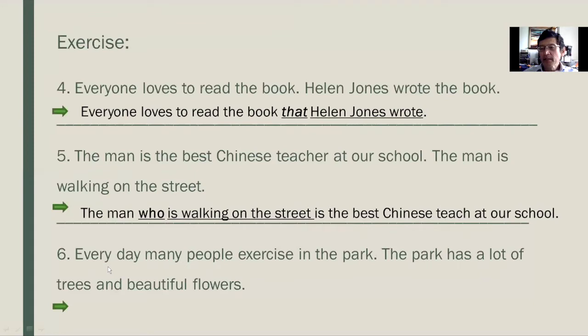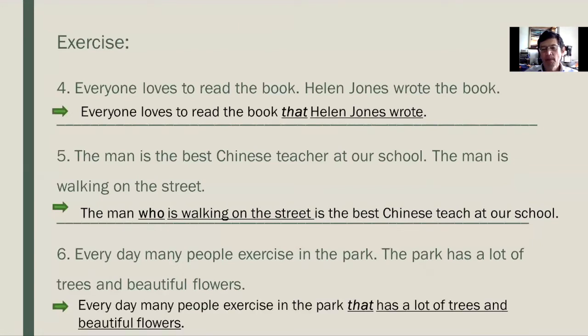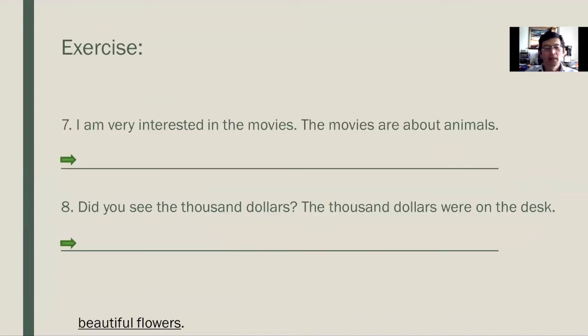Every day, many people exercise in the park. The park has a lot of trees and beautiful flowers. So what is the clause sentence here? Every day, many people exercise in the park that has a lot of trees and beautiful flowers. Another exercise. I am very interested in the movies.